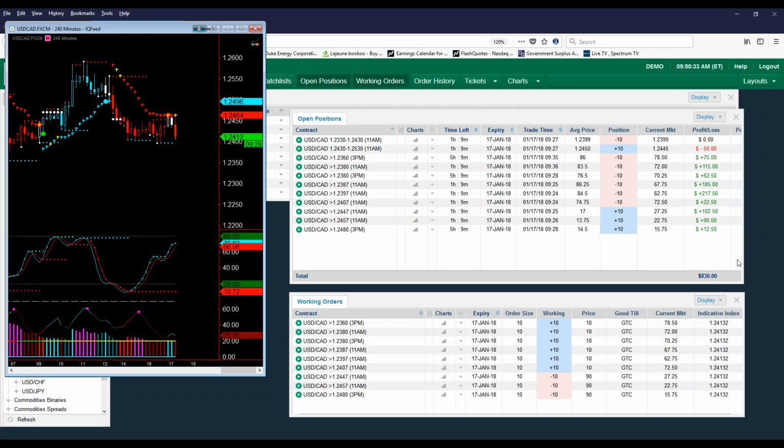Now, you may notice I didn't do any spreads for 3 p.m. To me, they just have so much premium on them that you have to pay. I tend not to do those. It doesn't mean you can't. It just means I didn't want to.